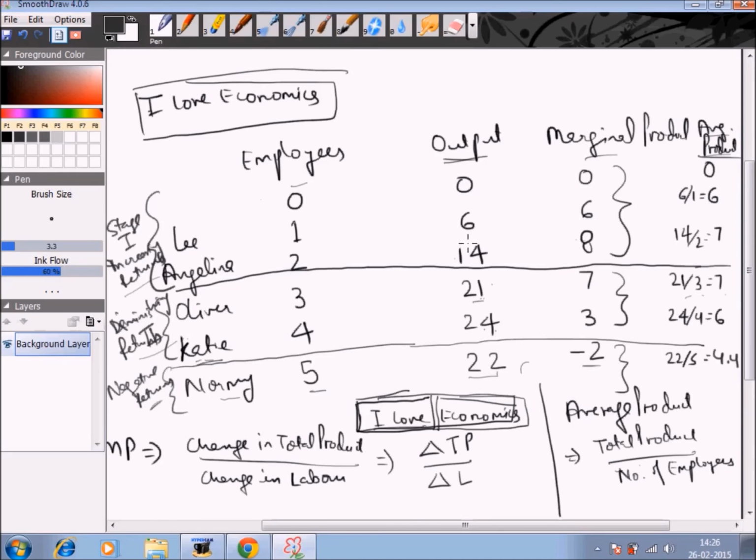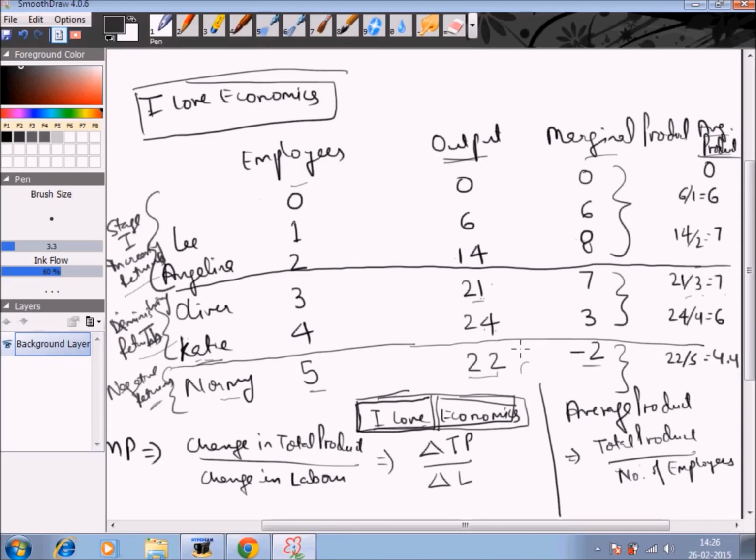Now here in the total output, that is the total productivity, we can see that when the marginal productivity was increasing, total productivity was increasing at an increasing rate. So we call it the stage of increasing returns. As soon as the marginal productivity starts decreasing, the total productivity, although it increases, increases at a decreasing rate. So we call it the stage of diminishing returns.